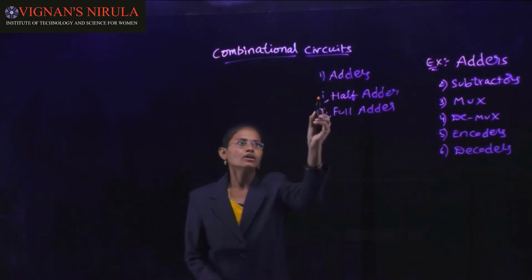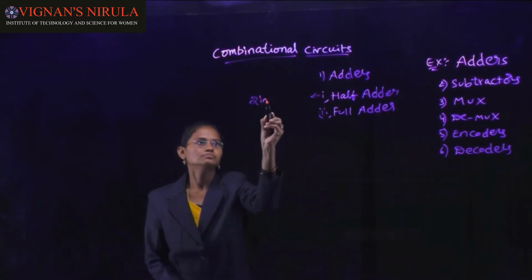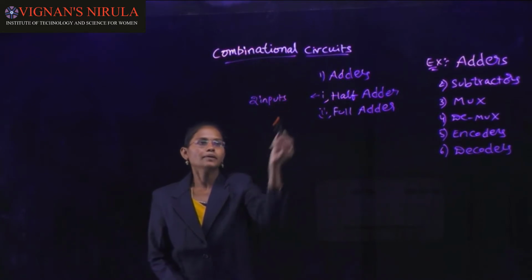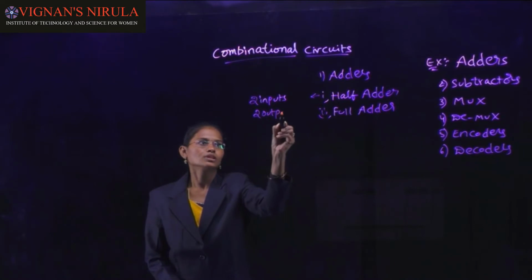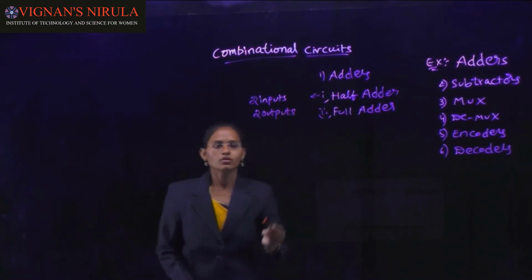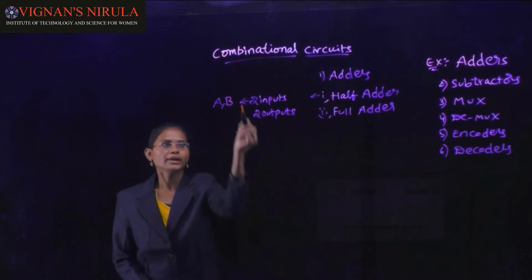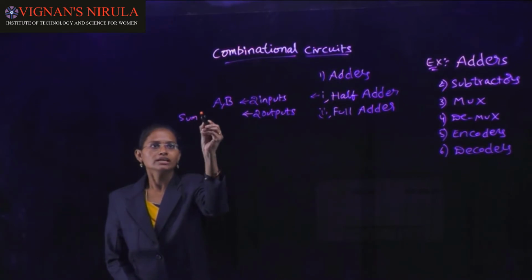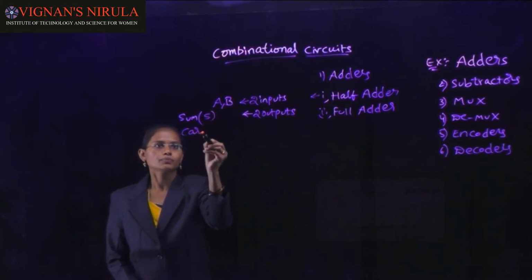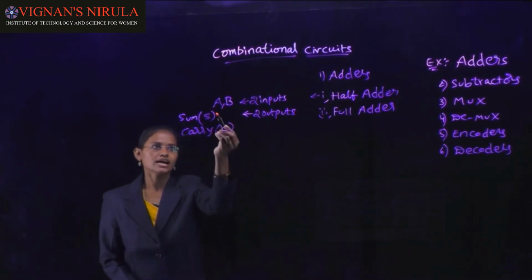In a half adder we are using two inputs and it produces two outputs. The inputs are A and B, and the outputs are sum, denoted by S, and carry, denoted by C.